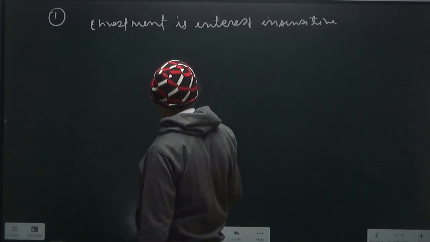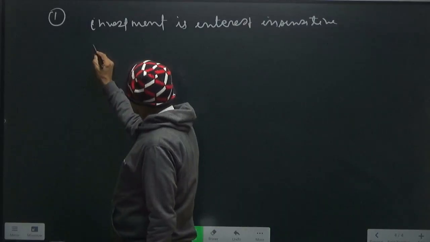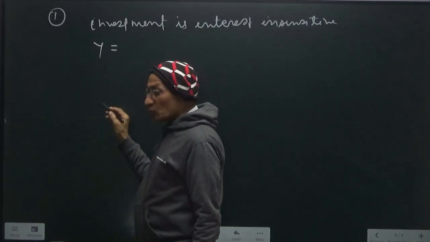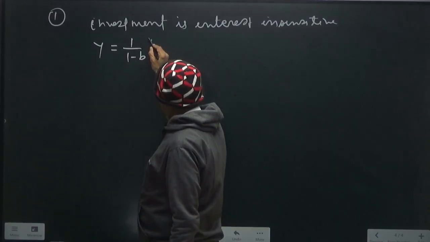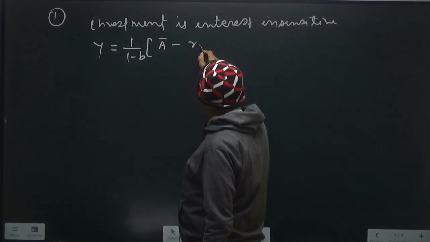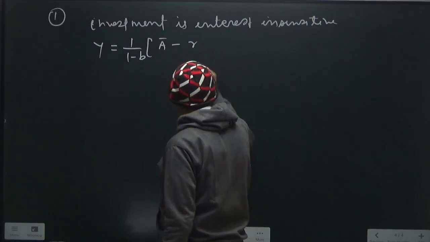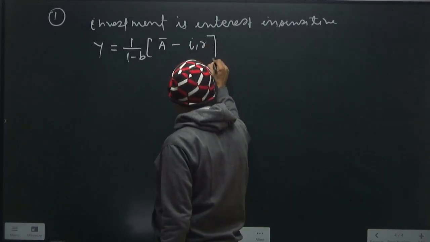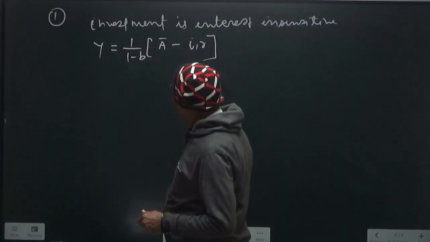The formula for IS curve is Y equal to B, A bar minus I1 R. This is the formula for the IS curve.